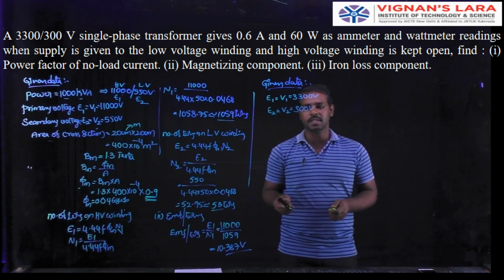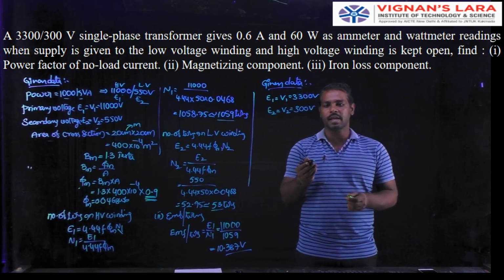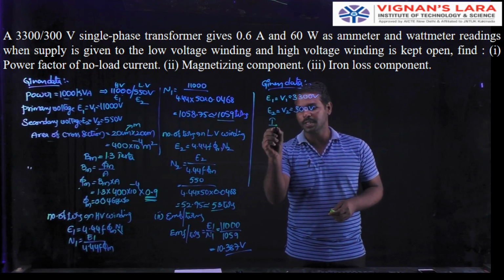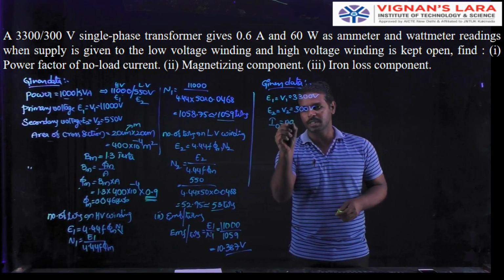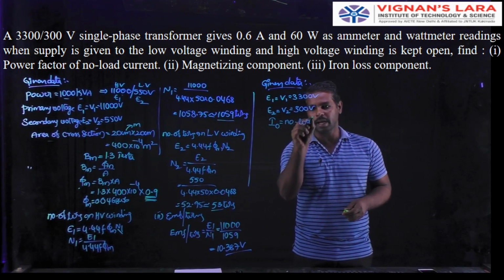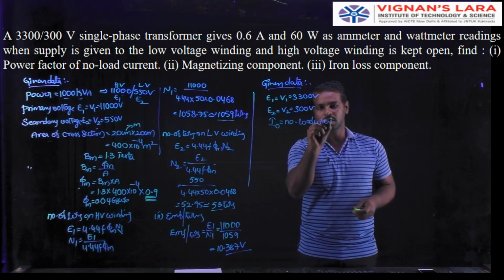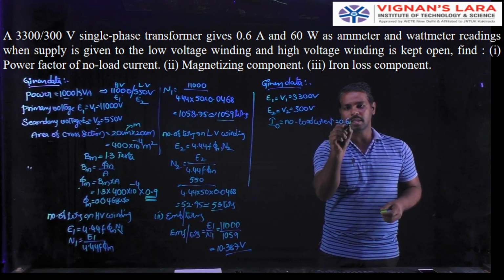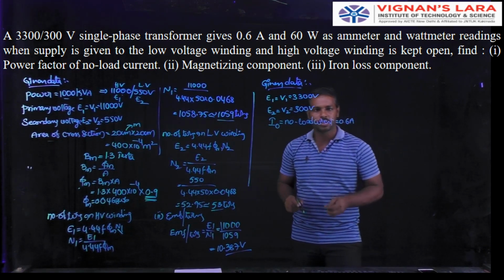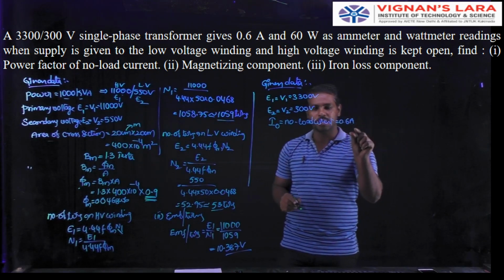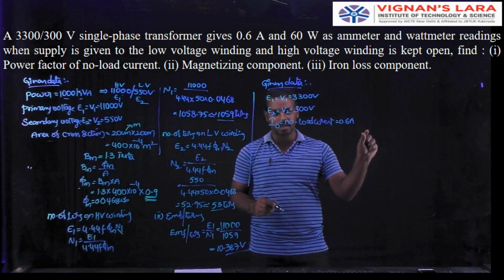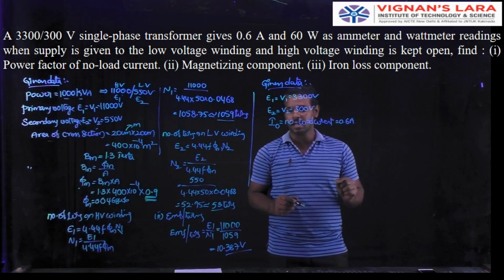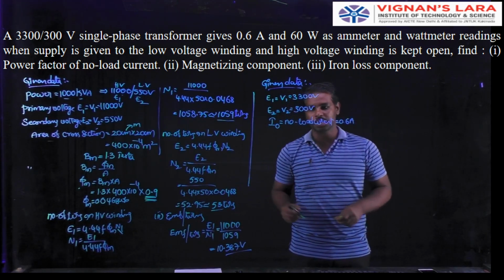The single phase transformer gives current 0.6, which is the no load current, always denoted by I naught, equal to 0.6 amperes. So this much amount of current is required to overcome the hysteresis and eddy current loss in a transformer. I naught is equal to 0.6.